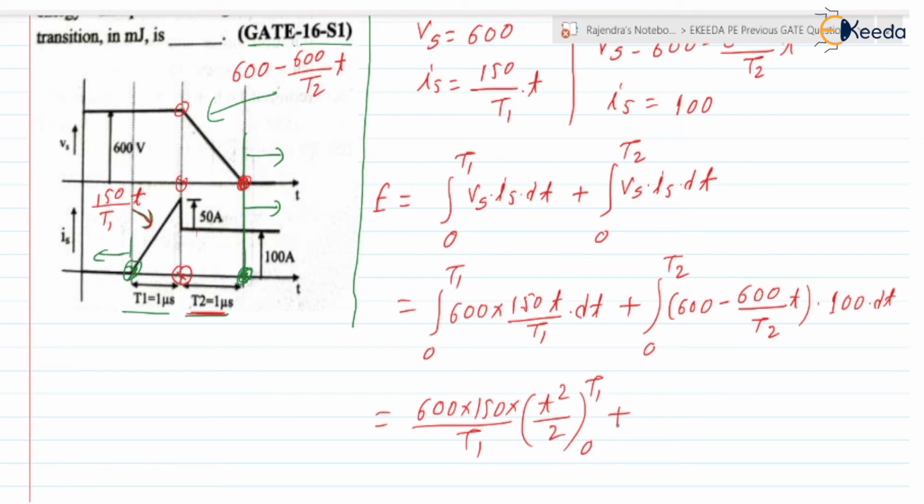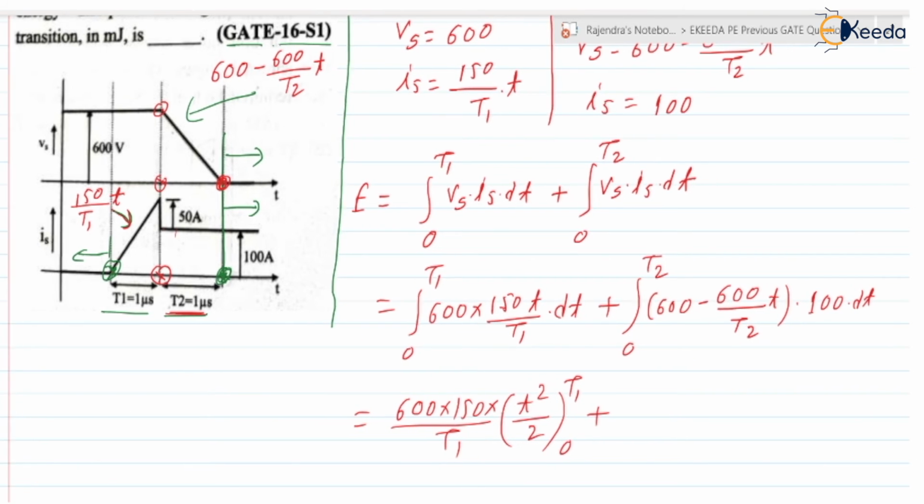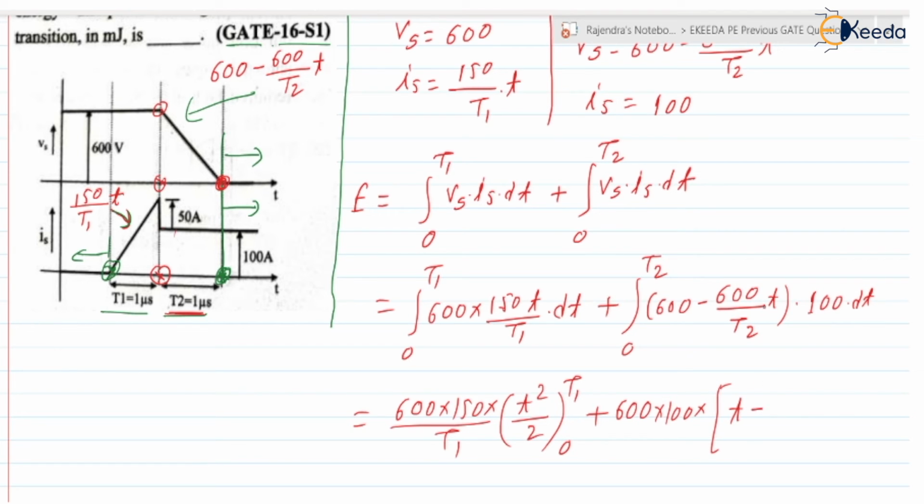This is the one thing, plus for the second integration we can take 600 into 100 outside, so 600 into 100 into t minus t square divided by 2t2, limit 0 to t2.